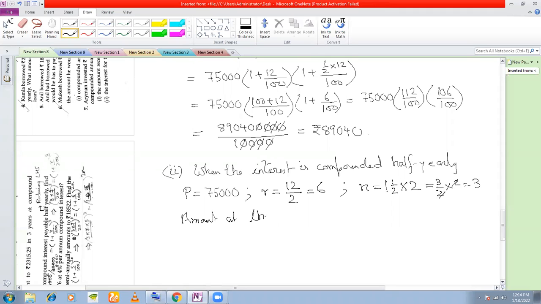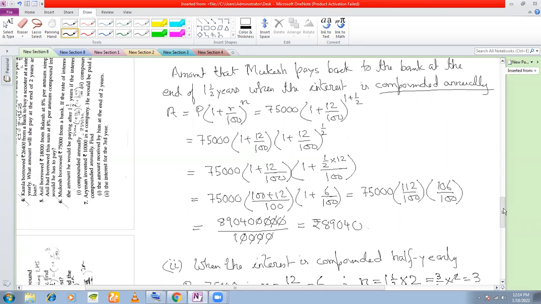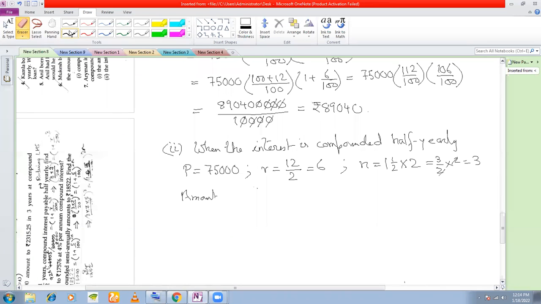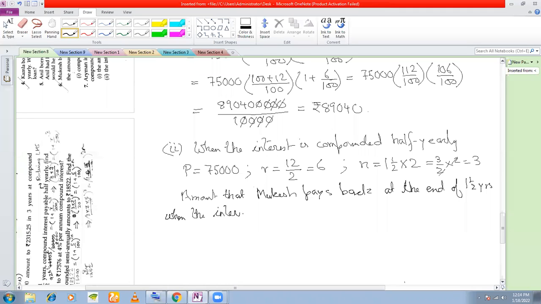So the amount that Mukesh pays back at the end of 1.5 years, when the interest is compounded half yearly, is again A is equal to P into 1 plus R by 100 to the power of n.